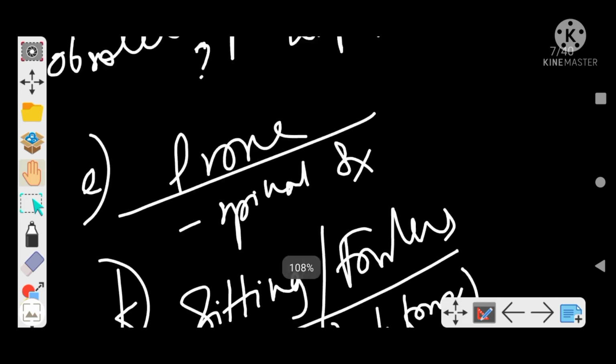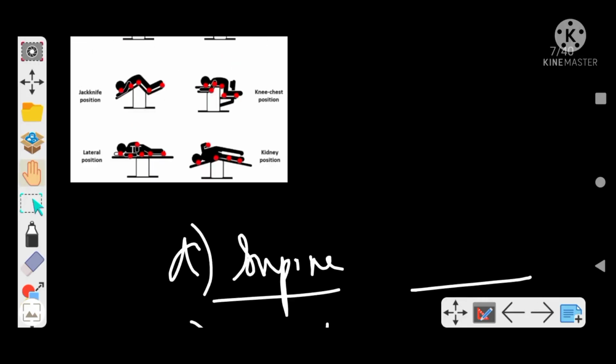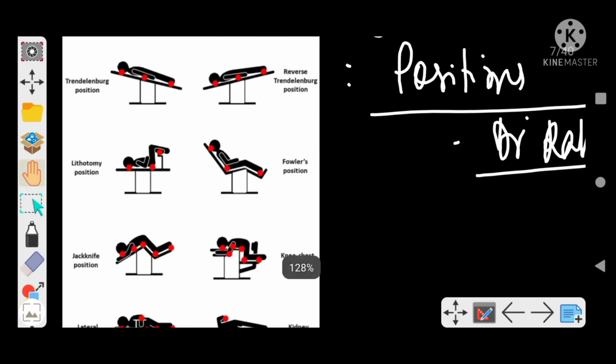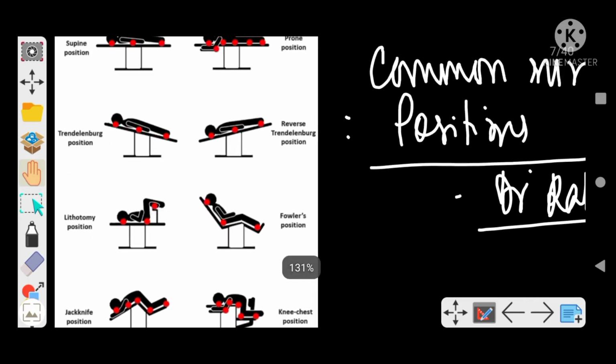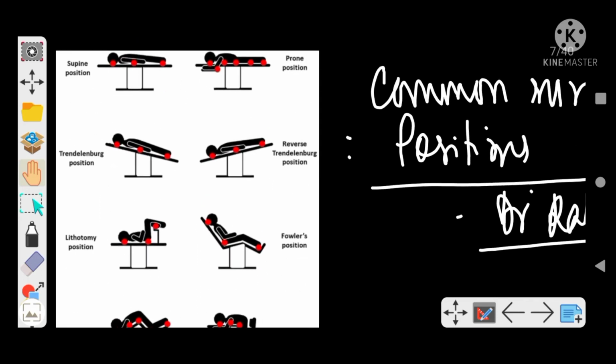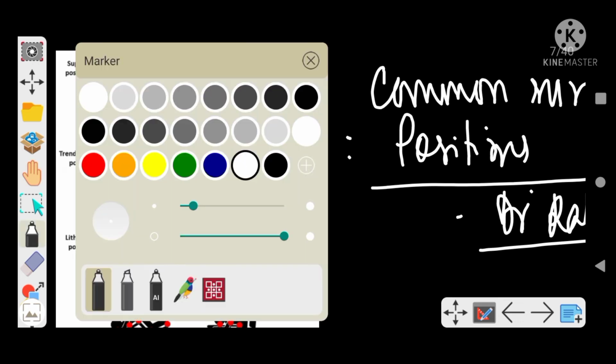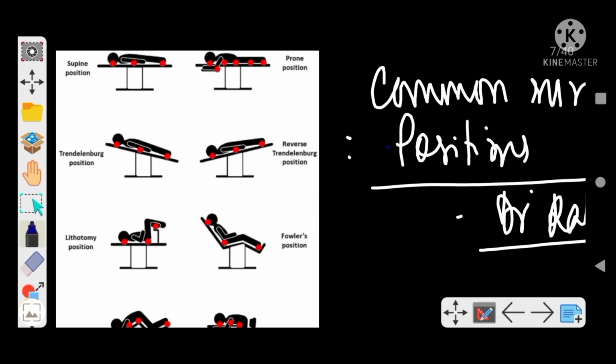So now we will see the image. Yes, I hope it is visible. So this is your supine position. This is your supine position, right? This is your prone position, and we have discussed that. Now see, this is your Trendelenburg, and this is your reverse Trendelenburg, which is used for lap chole.